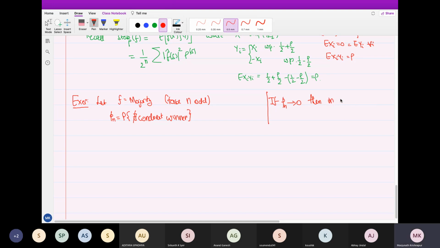Then in a large population of voters, there is a Condorcet winner with high probability. So, for example, if that is true for majority, then this theorem is completely irrelevant. In a finite situation, everything will have positive probability. That's not the point. But it so happens.